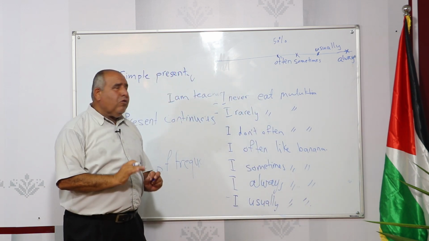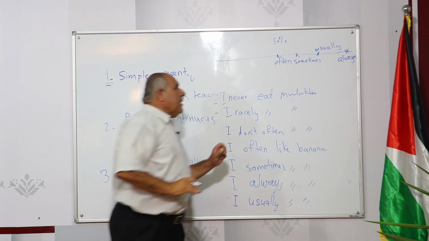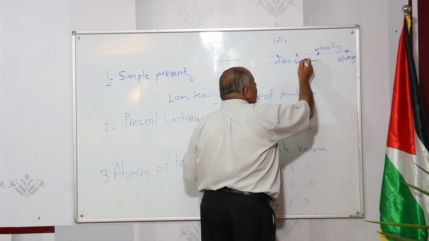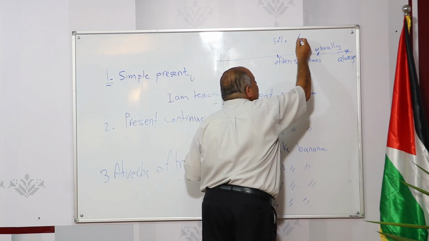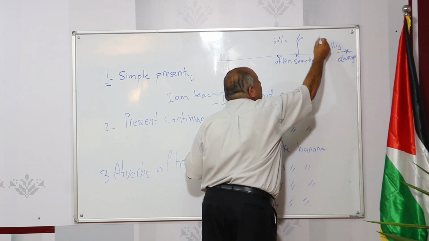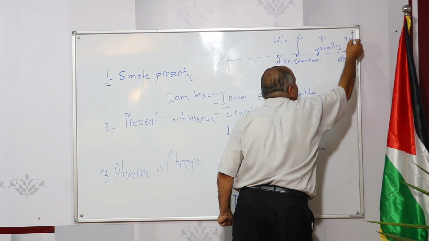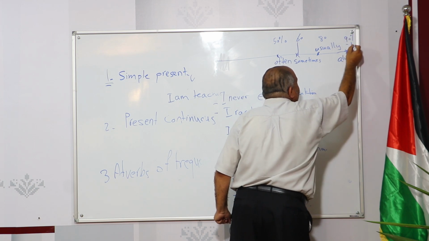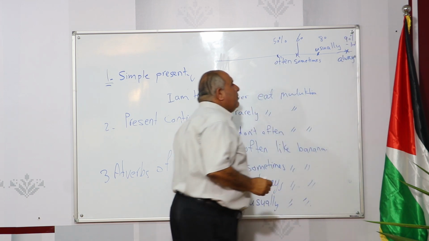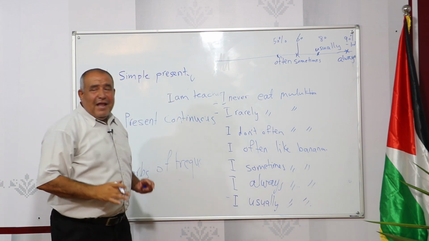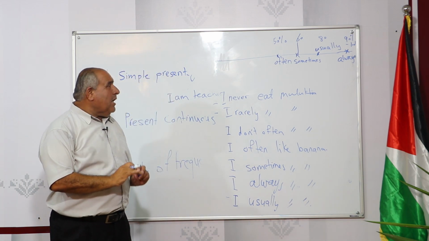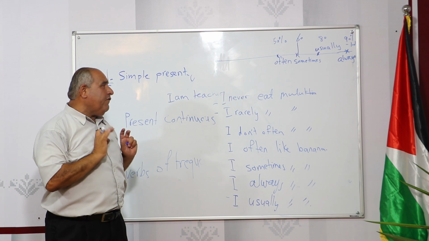Now, if you want to give them percentages, you give often 50, you give sometimes 60, you give usually 80, and you give always 90% to 100%. Now, this is in your positive explanation of frequency.